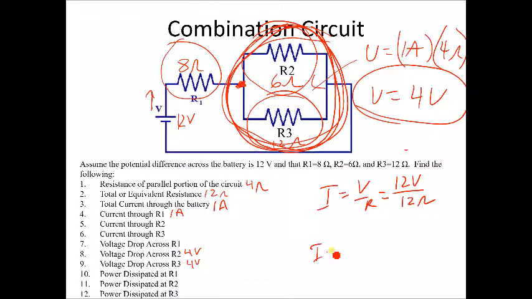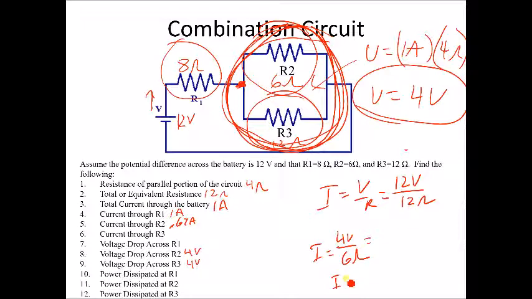Now that we have those voltage drops, we can find the currents because we know that current I equals V, 4 volts for R2, over R for R2, which was 6 ohms. So we divide that out, 4 over 6, we end up with 2/3 or 0.67 as the current through R2. Through R3, same relationship.